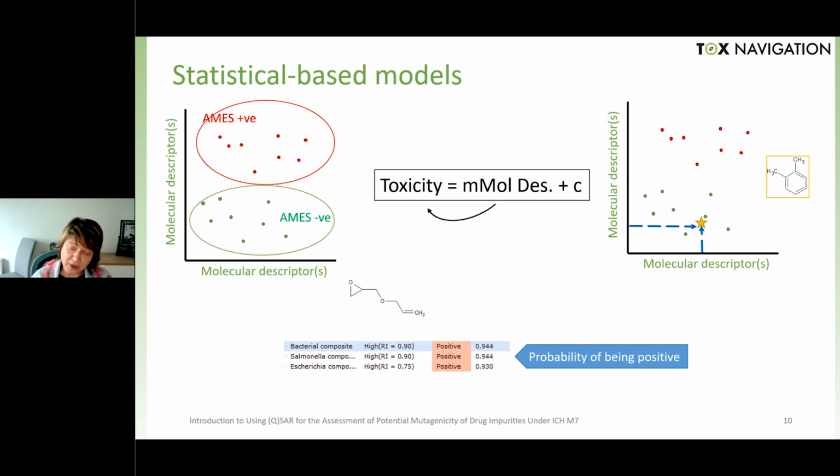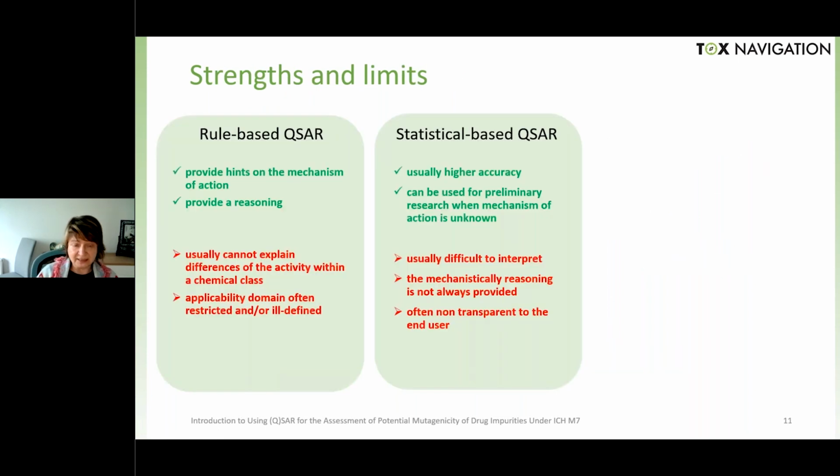And typically, when we have a binary property like this one, the prediction is a probability of being positive. As in this case, the probability of being positive, and so it gives a positive prediction of your target compound. So we have these two types of approaches, and they have different strengths and limits.